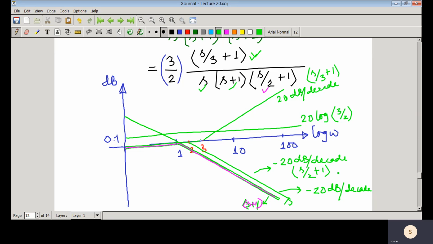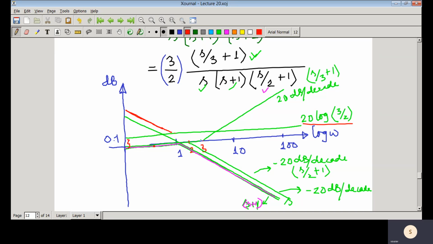Now if we add those terms, because of this particular term, 20 log 3 by 2, this one would be shifted like that, and it will continue up to that.